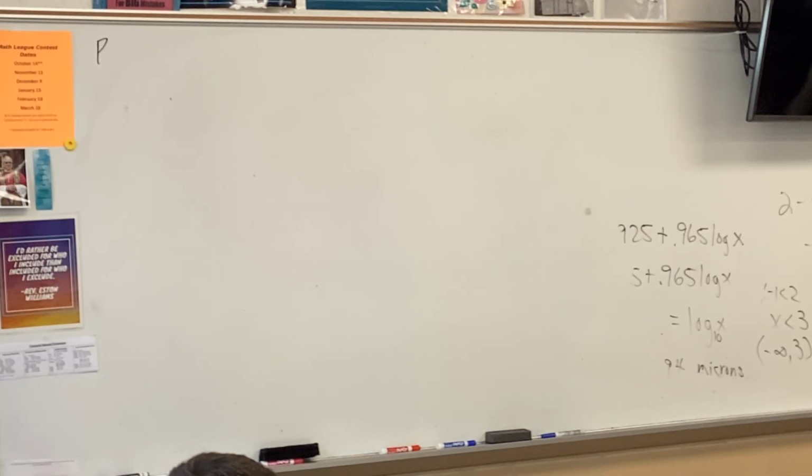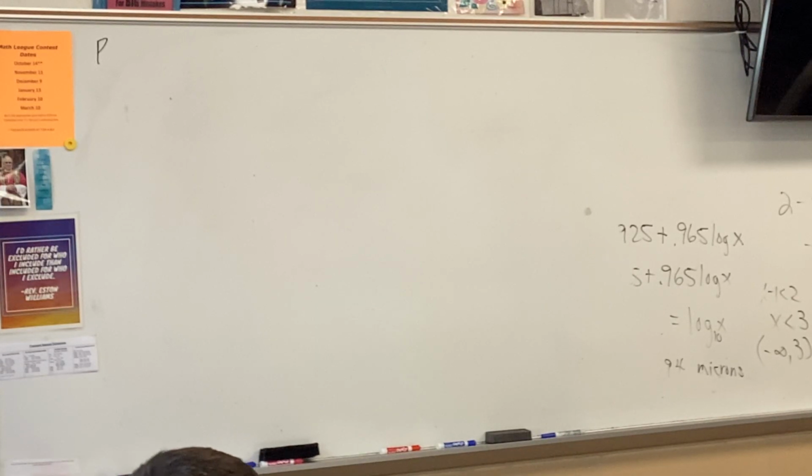Any ideas? What do we know about inverses? Functions that have inverses are 1-to-1. And what does that mean? They pass both the vertical line test and the horizontal line test. 1-to-1 means that there are no repeated x's and there are no repeated y's.